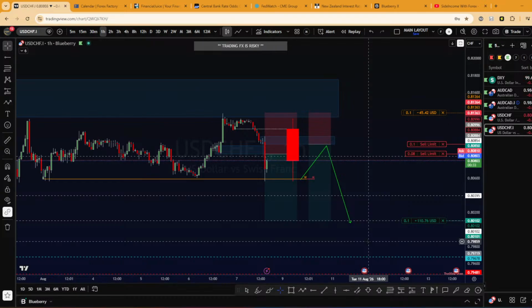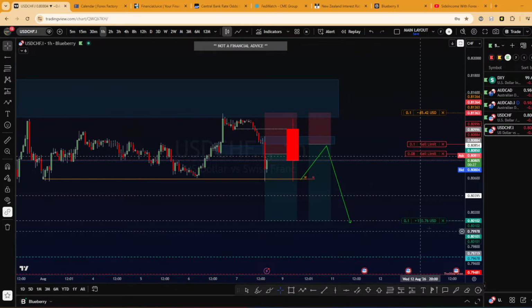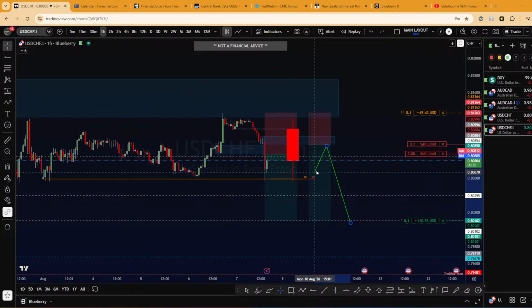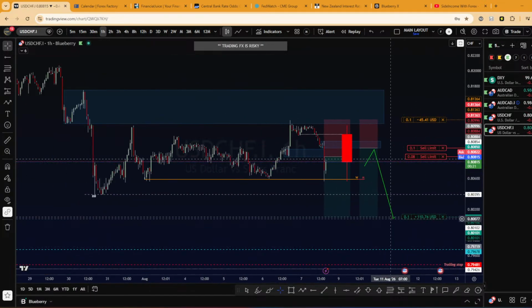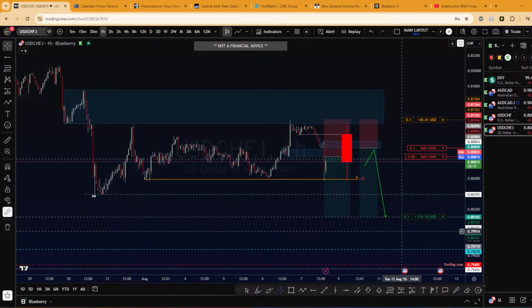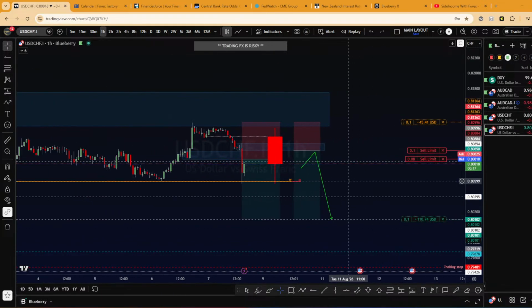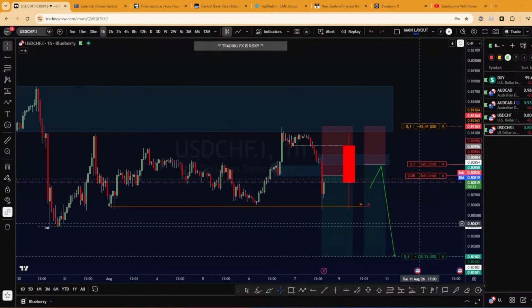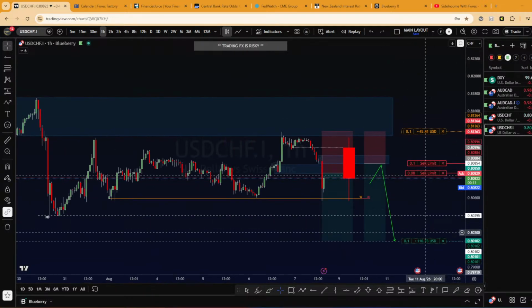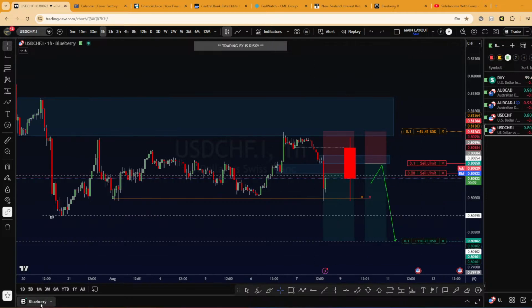Yeah, the carry trade is not the best, but it's okay. I just minimize my risk. We are about to trigger my first entry on USDCHF.